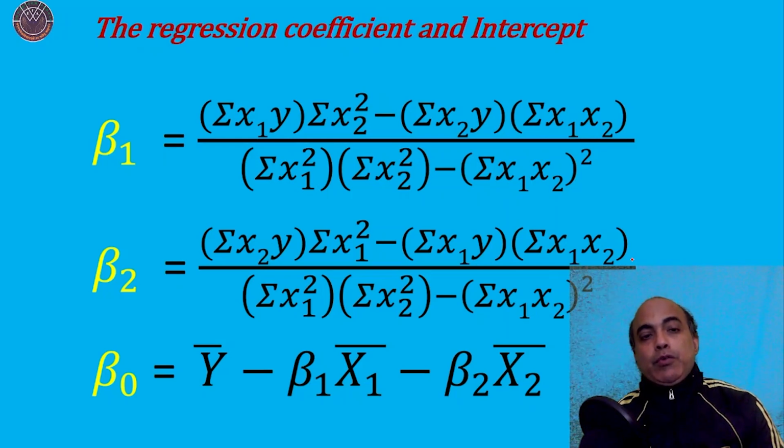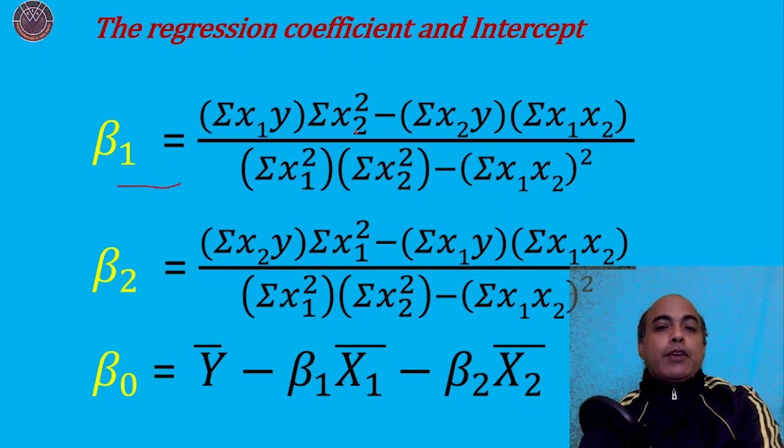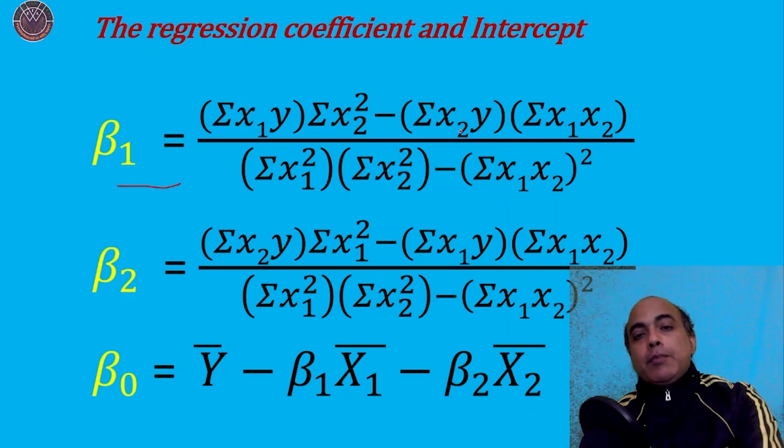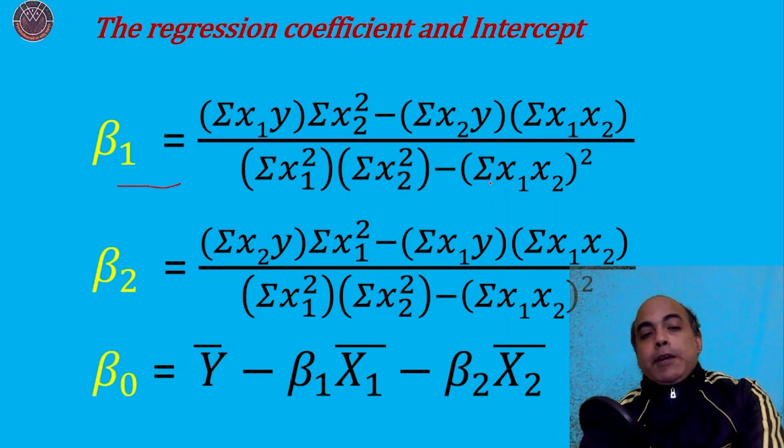You can see the formula for beta 1 is sigma of x1y multiplied by sigma of x2 square minus sigma of x2y multiplied by sigma of x1 x2, divided by sigma x1 square multiplied by sigma x2 square minus sigma x1 x2 whole square.